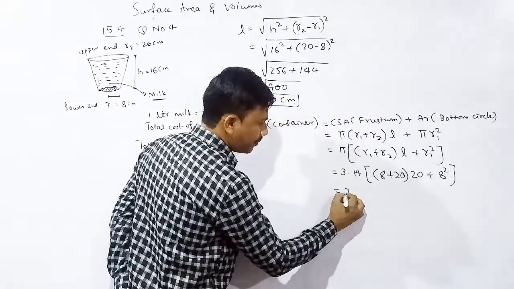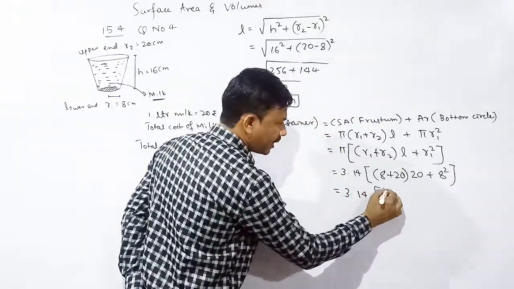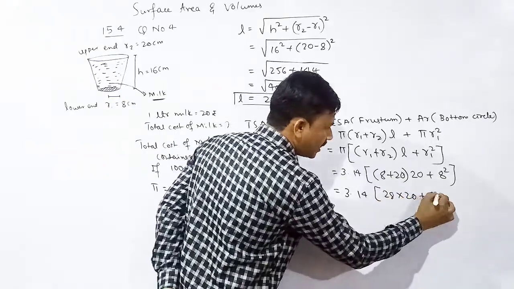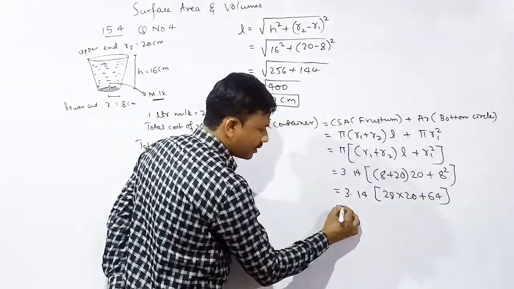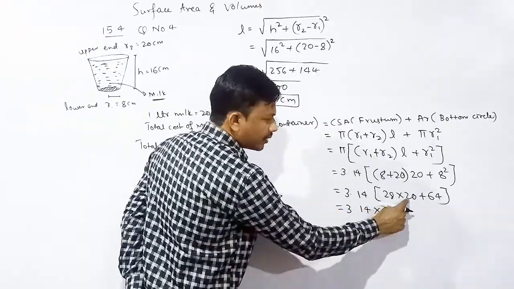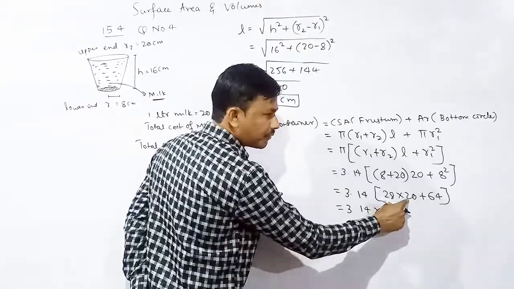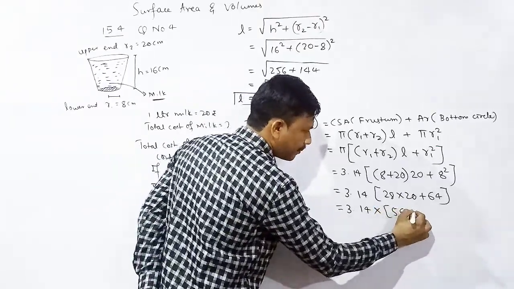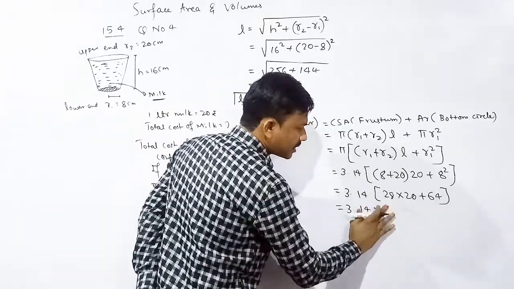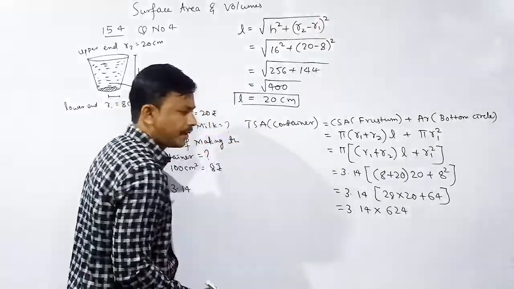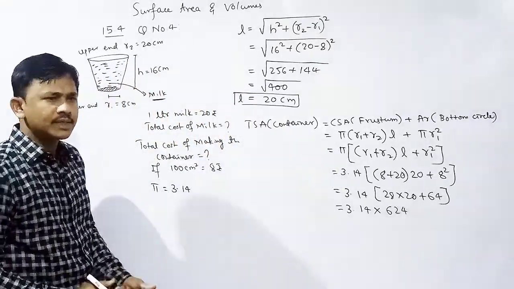This is equal to 3.14 in bracket 28 into 20 plus 64. This is equal to 3.14 into, 28 2s are 56, 560 plus 64, 624. Multiply 314 into 624.